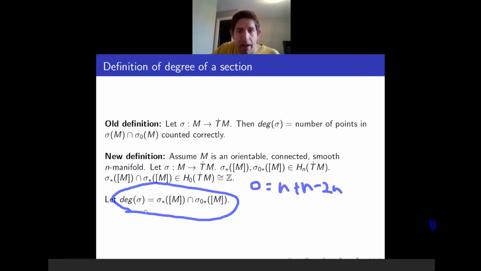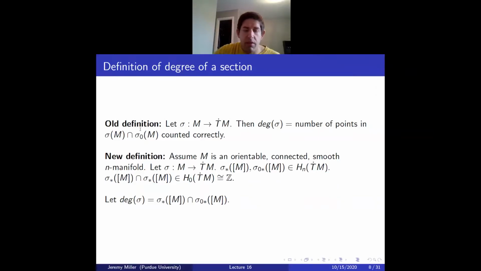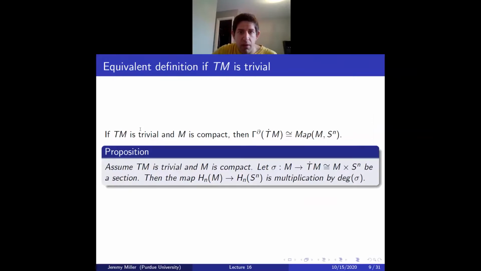I've not claimed that I've proven the new definition and the old definition agree, but hopefully the new definition is rigorous, at least if you view intersection product as just Poincaré dual to the cup product. Okay, any questions on either what is the new definition or why heuristically it agrees with the vague old definition? Okay. Yeah, so this is how you define degree of a section.